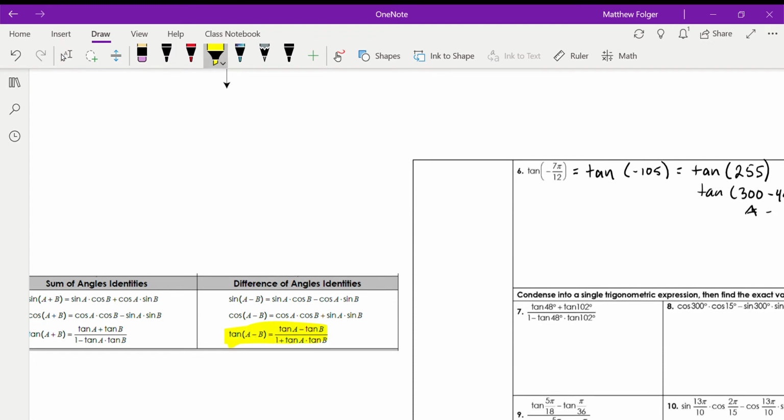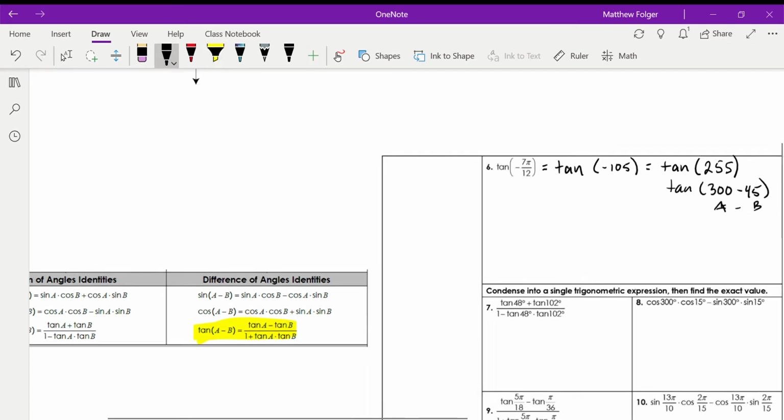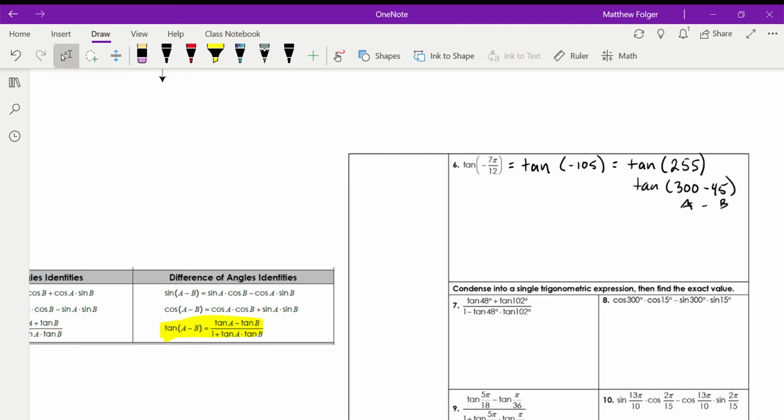So we're going to be doing tan of A minus tan of B over 1 plus tan A tan B. So tan of A minus tan of B is tan of 300 minus tan of 45 over 1 plus tan A tan B. So 1 plus tan 300 times tan 45. Now I fill it in and I simplify.